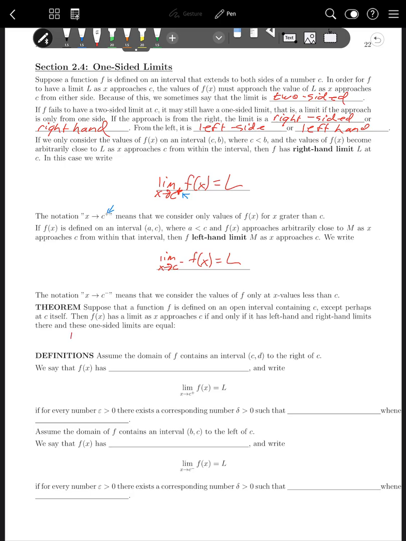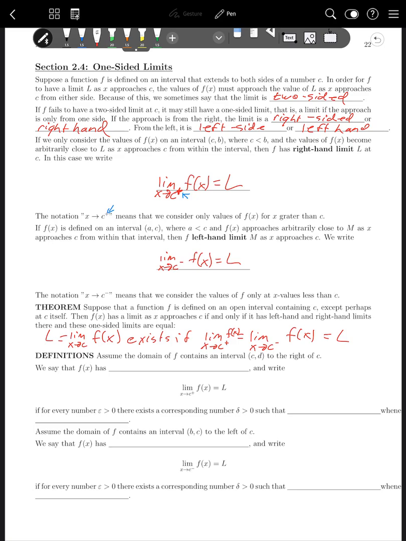So the limit as x approaches c of f of x exists if the limit as x approaches c from the right is equal to the limit as x approaches c from the left. And in fact, that limit would be L. So they'd all be equal to each other if they're all the same.